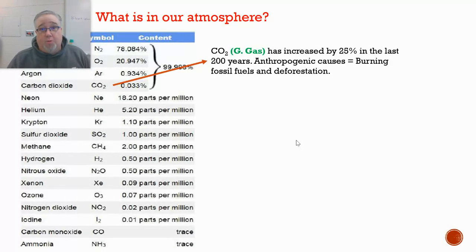It contributes to global warming. That particular gas has increased by 25% in the last 200 years. We've talked about this before. There are some major anthropogenic causes of this: burning fossil fuels and deforestation. We should know that. That's important.